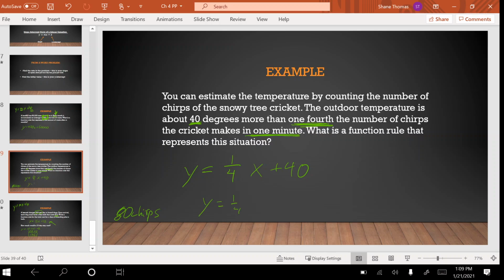Y equals 1/4 times 80 plus 40. What's 1/4 times 80? Good, 20. 20 plus 40 is 60. There we go. We got that one right.